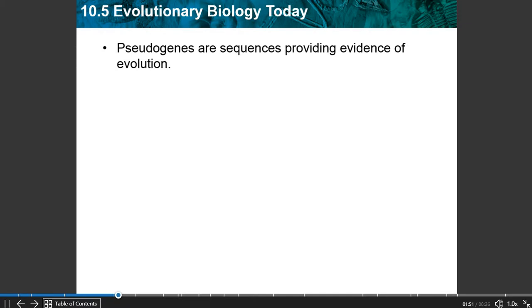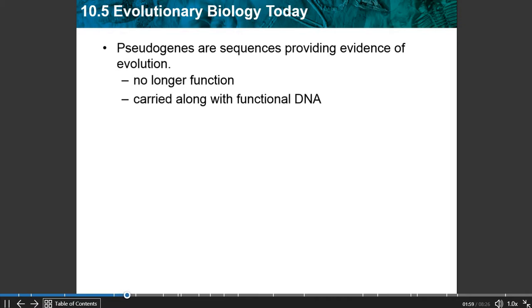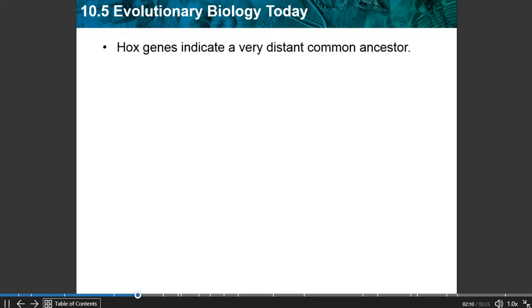You have pseudogenes, sequences providing evidence of evolution. They're like genes that have no function anymore, and they're carried along with the functional DNA. They can be clues to when organisms had a common ancestor.